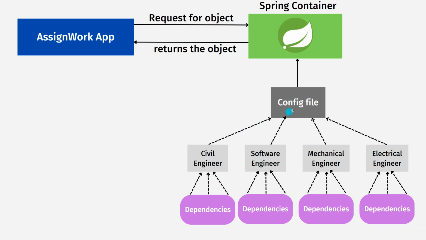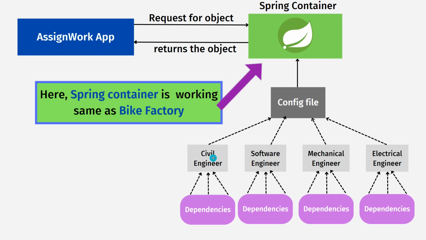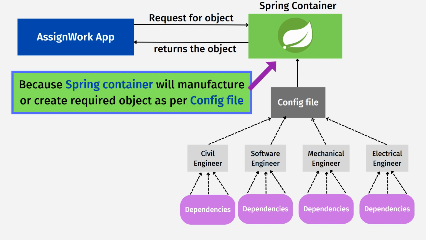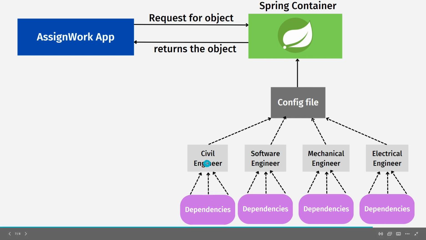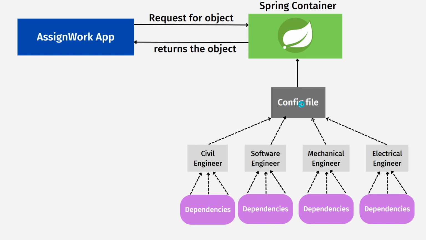We can mention all these things inside the configuration, and this configuration is taken as an input for the Spring container, which provides us the whole engineer class with its initialized dependencies as well. Now we have more access and more control here. We get the engineer object, and we can also initialize its dependencies with the help of the configuration file.